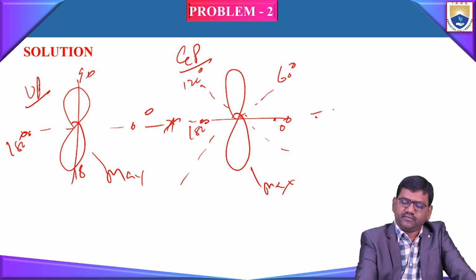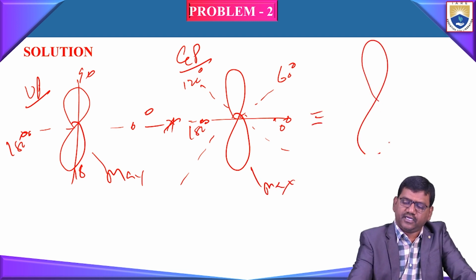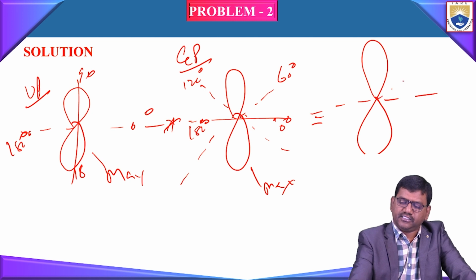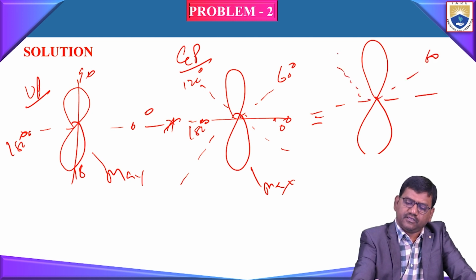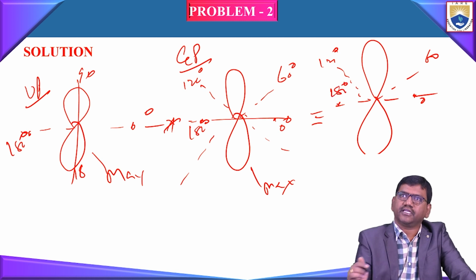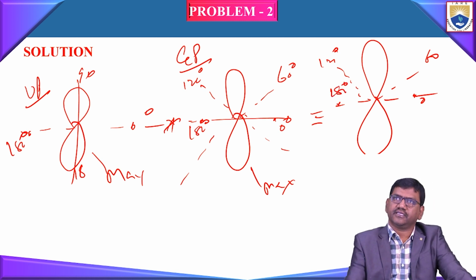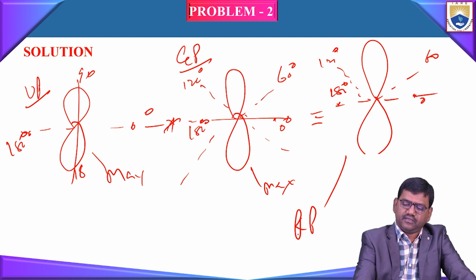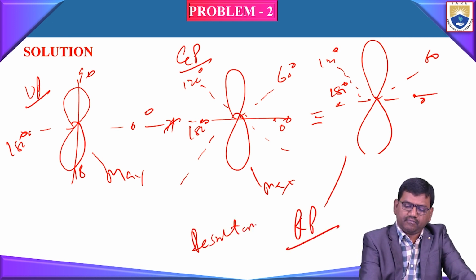So maxima multiplied with maxima gives rise to a bigger radiation pattern. Indicate nulls here, 60, this is 120, this is 0 and this is 180 degrees. So this is known as the resultant pattern.